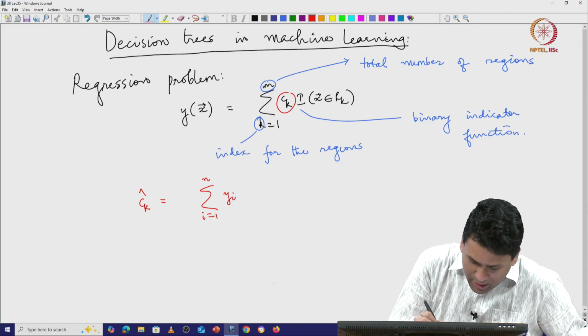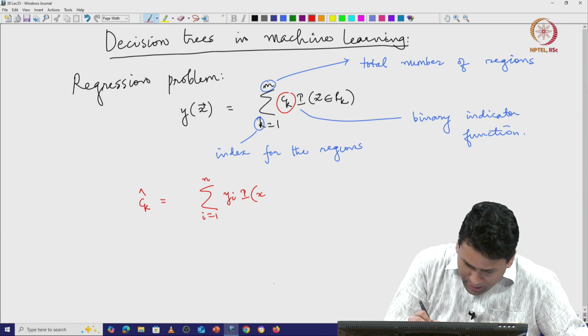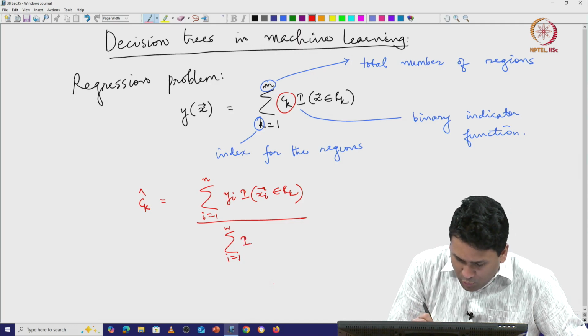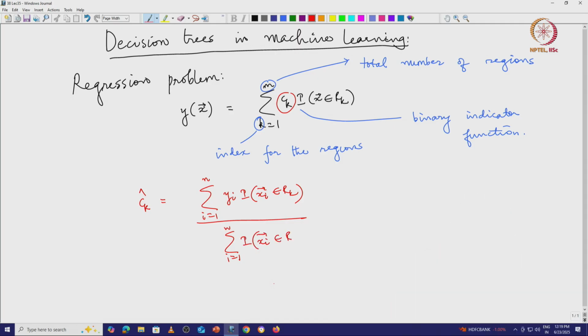So you have yi times I xi belongs to rk divided by the number of points in that region, which is simply sum i going from 1 to n, the indicator function of xi belonging to rk. So this is very simply the average of all the yi which lie in that region. That is the optimal value of the coefficient Ck hat which is assigned to every region, and this formula, as you can see, is applicable only if we know what each region Rk is.